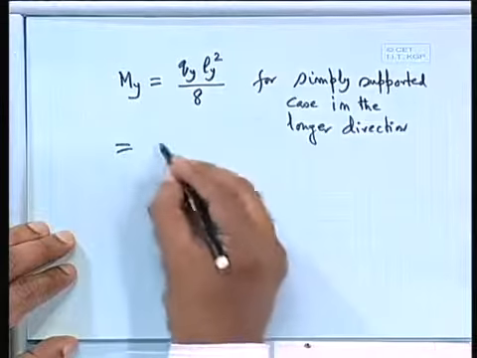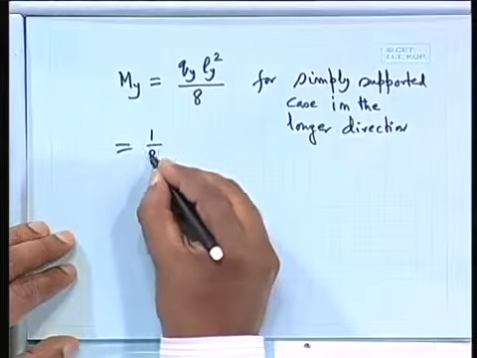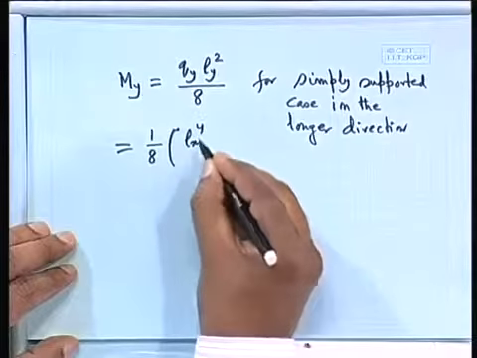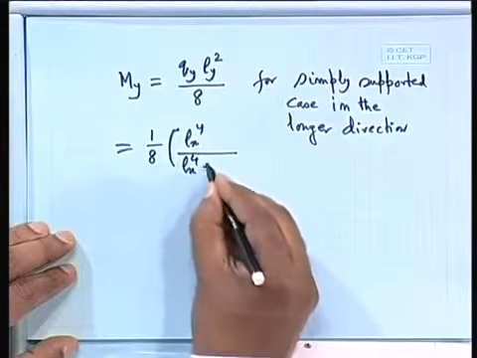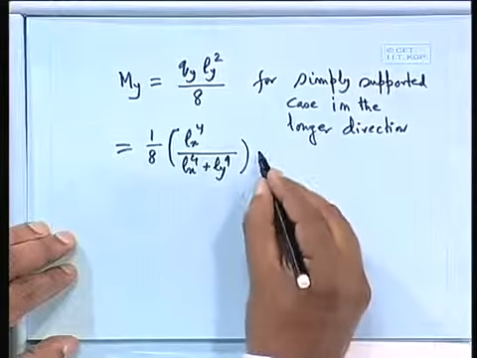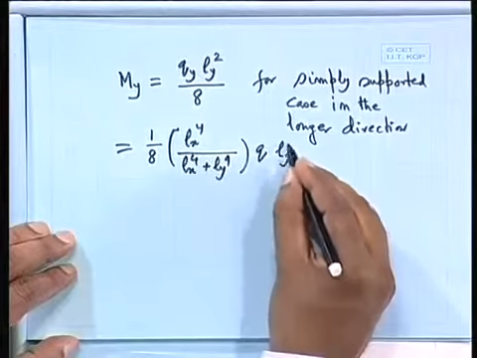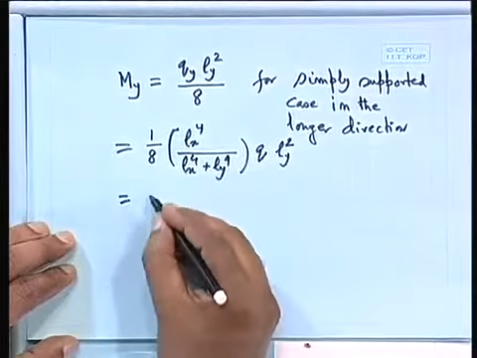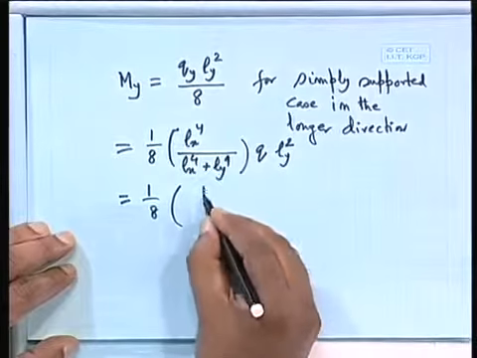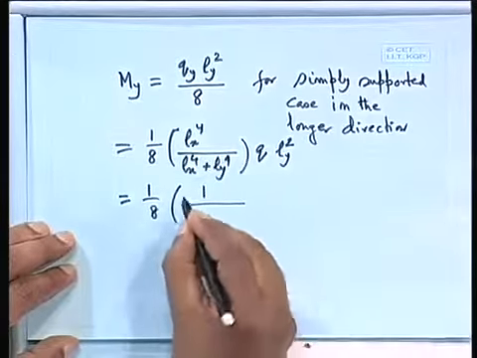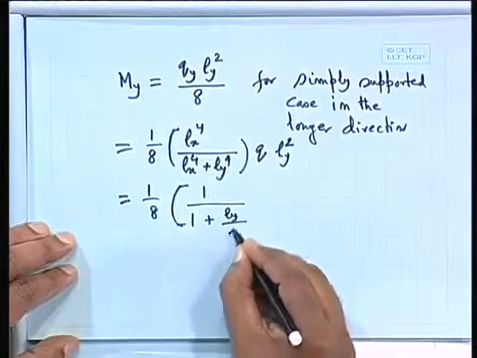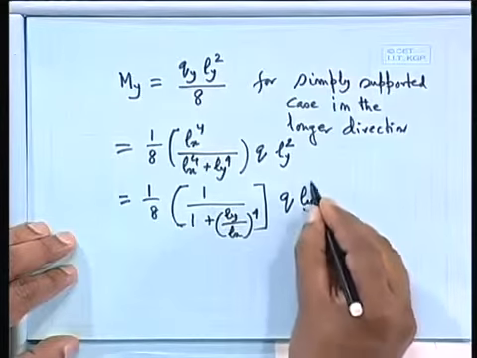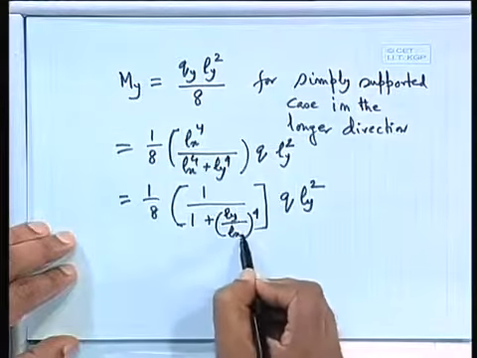So we can write down here 1 by 8 Lx to the power 4 by Lx to the power 4 plus Ly to the power 4 times q times Ly square equals 1 by 8, 1 divided by 1 plus Ly by Lx to the power 4 times q Ly square.